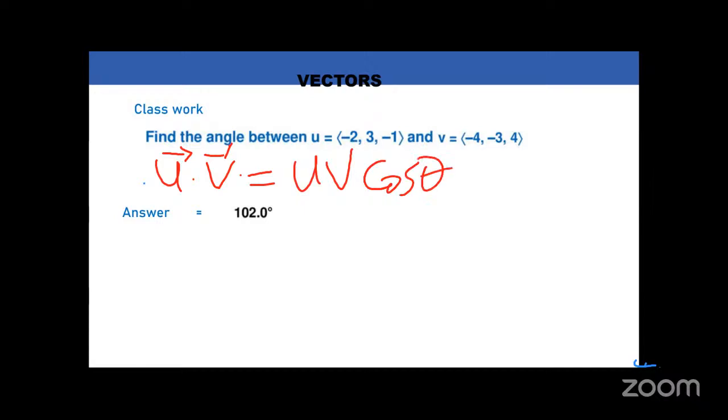So the angle we are asked to find, that would be theta is equal to inverse cos of u dot v over uv.